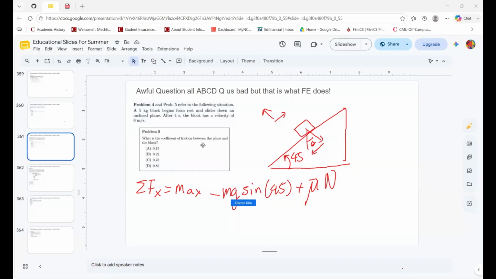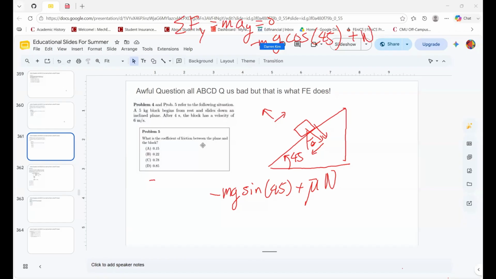We can do the same thing with Fy, which is may, but that actually still equals 0. And that must be mg cosine 45, because this is the 45 over here. There's no other force I can think of that could create a normal force, so N equals mg cosine 45.